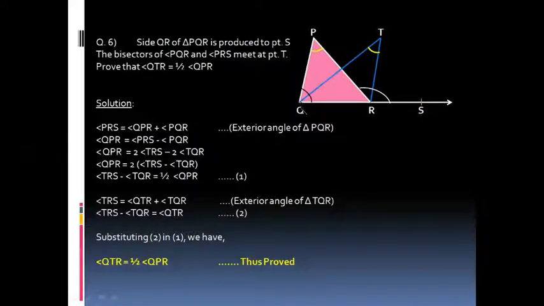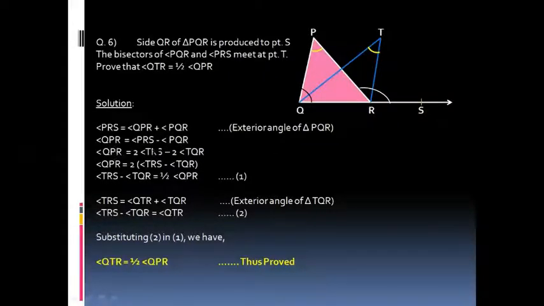Keep QPR on one side because we have to ultimately prove something related to QPR. So we are keeping QPR on one side and we take the angle PQR on the other side of the equation. So angle QPR becomes equal to angle PRS minus angle PQR.